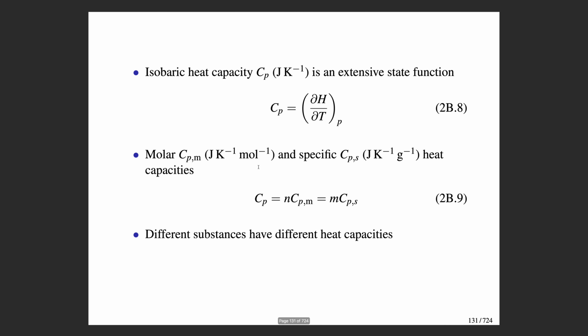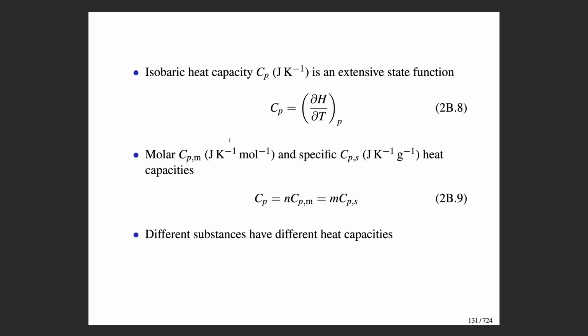A little bit more depth on the isobaric heat capacity. So here we've got, the isobaric heat capacity is an extensive state function, and it's formally defined as the partial derivative of the enthalpy with respect to temperature while retaining pressure constant.